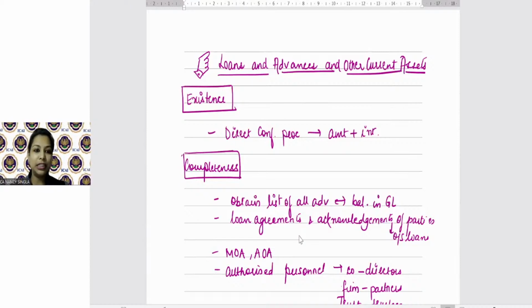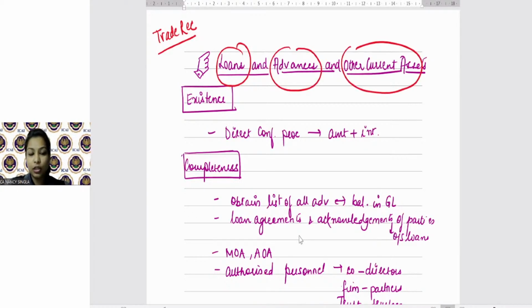देखो ट्रेड रिसीवेबल्स की अभी हम बात नहीं कर रहे ना. ट्रेड रिसीवेबल्स तो हमने पढ़ लिया ना उधर. अदर लोन्स एंड एडवांसेस and other current assets. So if any loan advances that have been given to let's say some related party, है ना. देखो related party के साथ transaction होने में कोई issue नहीं होता ना. हाँ, that should be reasonable at a reasonable price. That should be authorized.